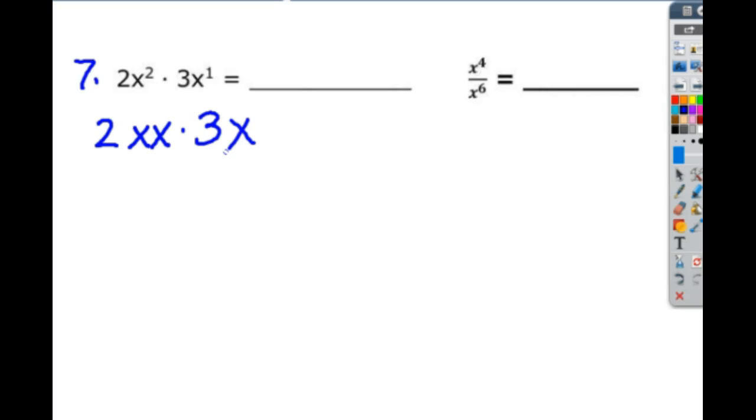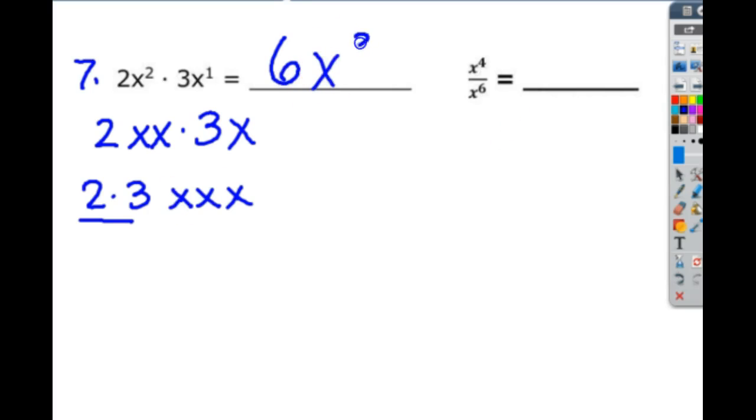And so I can rearrange this so that my numbers are together and my x's are together. So you can see that 2 times 3 is 6 x to the third power. So when you have numbers, you just multiply the numbers and then you expand the variables.